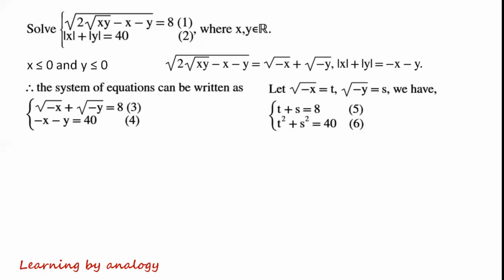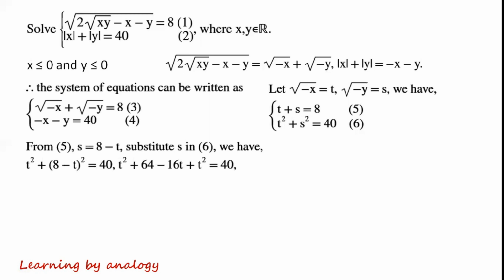We have t plus s equals 8, and t squared plus s squared equals 40. From equation 5, s equals 8 minus t. By substituting s in equation 6, we have t squared plus (8 minus t) all squared equals 40.